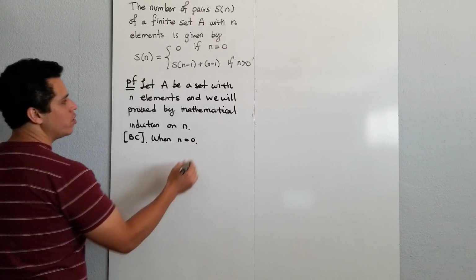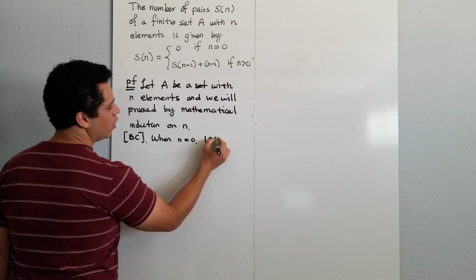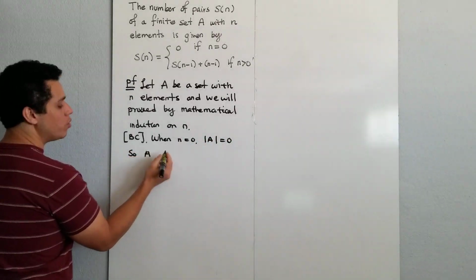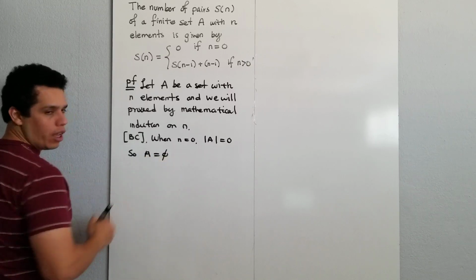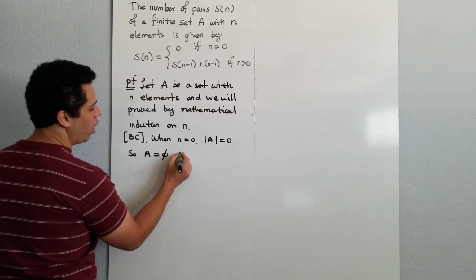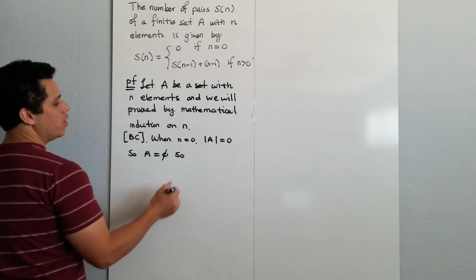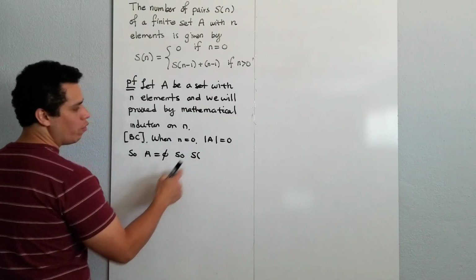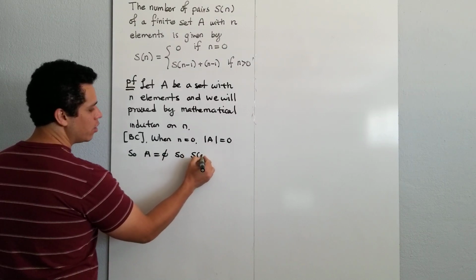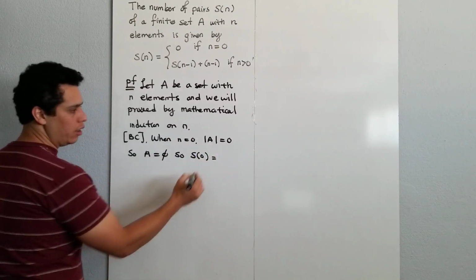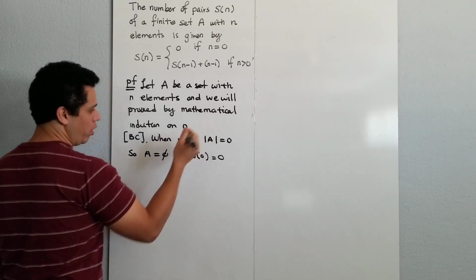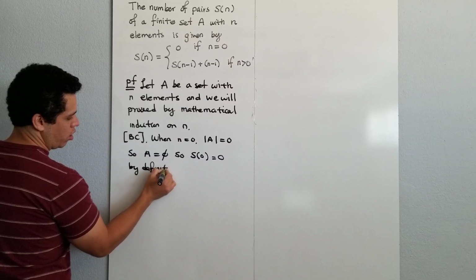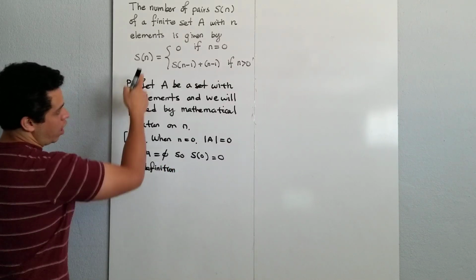So when n is equal to 0, I have that the cardinality of A is 0, so A is empty. And being empty, that implies that the number of pairs that you can form from elements of the empty set is exactly 0. But, by definition, that's what we get.